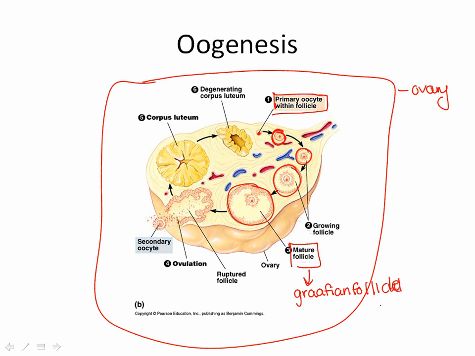Once it has developed to a certain maturity level, this follicle is then going to burst, and it's going to release what we call the secondary oocyte, or the mature egg. After this egg is released, all that we have left in our ovary is called the corpus luteum.